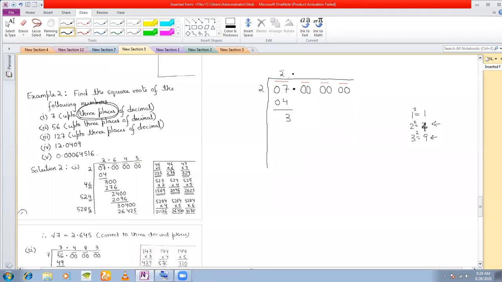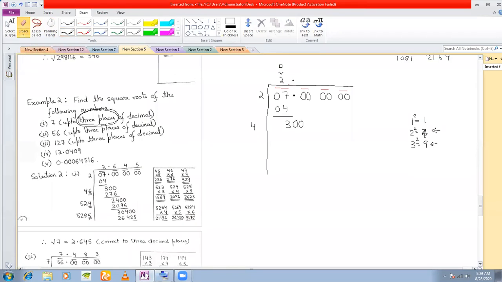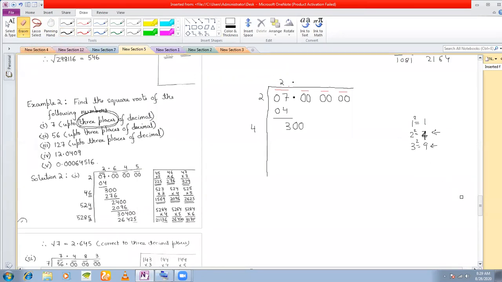Next, I have this number 2. So I double this number and I get 4. And I bring down 2 pairs of zeros without the decimal point. Now the same process will follow.